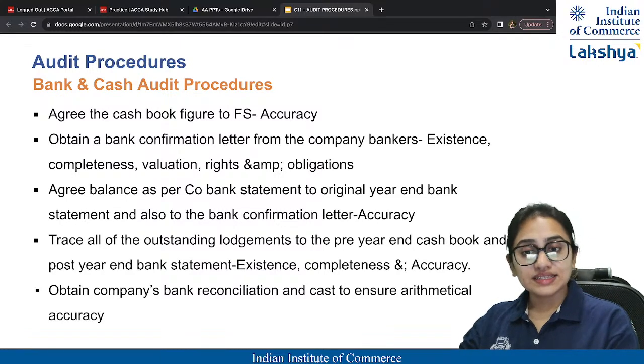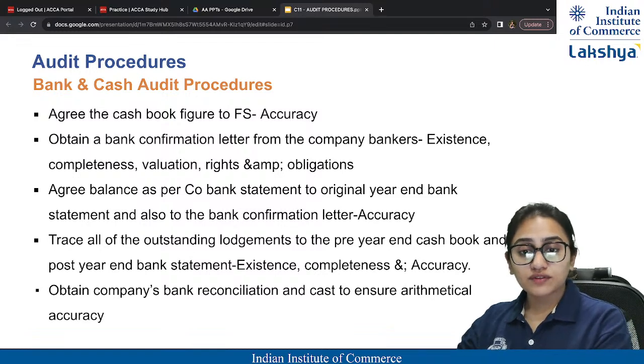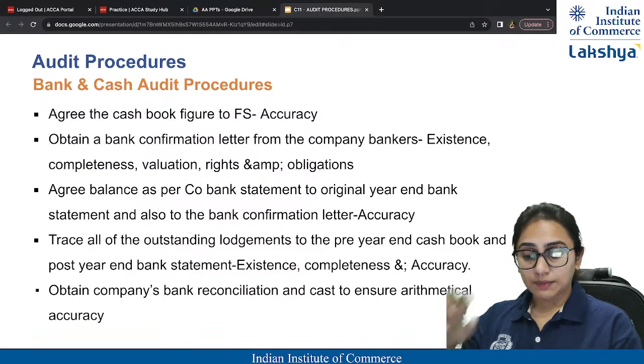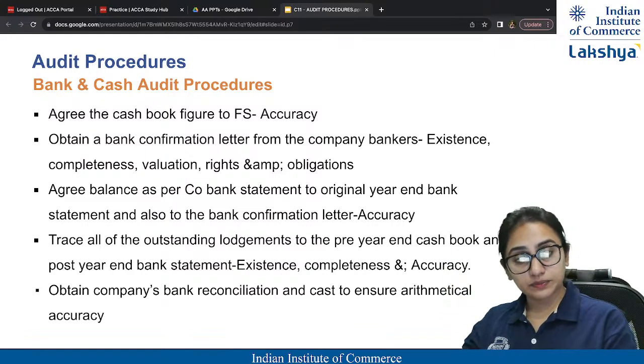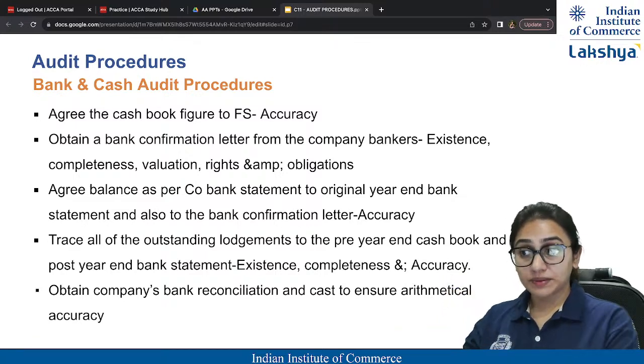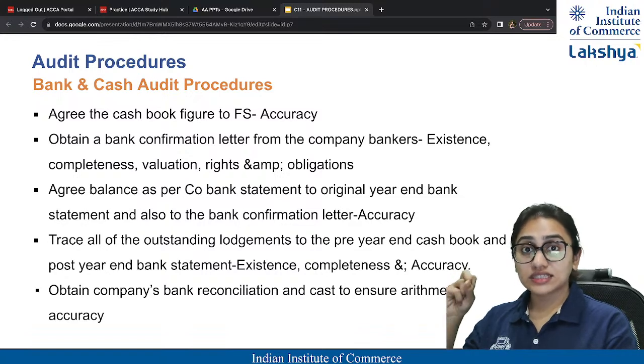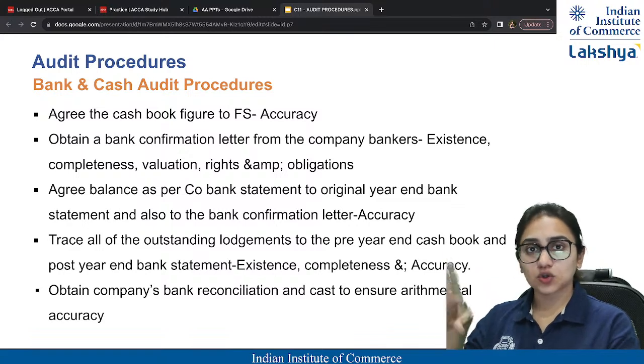Okay. Then next, trace all of the outstanding lodgements to the pre-year-end cash book and post-year-end bank statement. Now sometimes what happens is when you're paying an interest, a part of the interest is paid last year, so it will come in the pre-year-end cash book. A part of the interest is to be paid in future. If you remember, yesterday we did a sum wherein whenever there's a loan, you have to close your eyes and write down this risk, because the auditor always has a doubt that the calculation of current and non-current liabilities, the split is not proper.